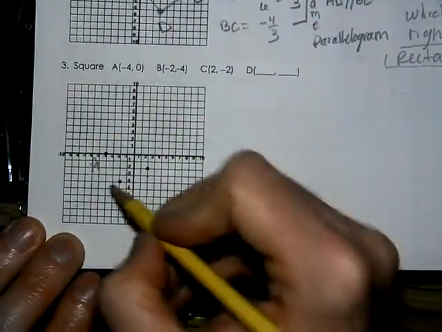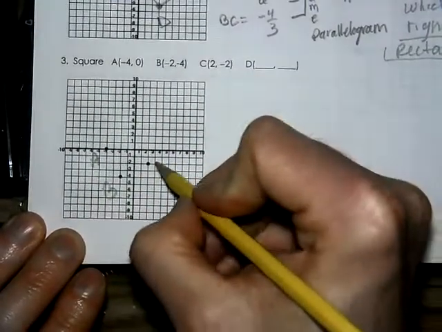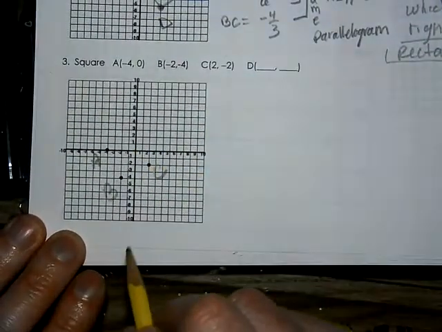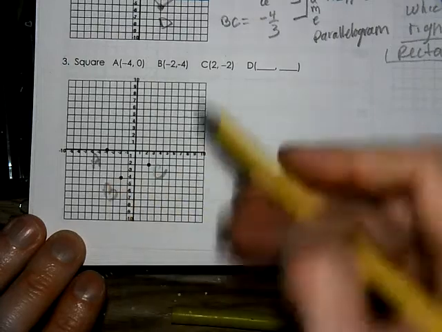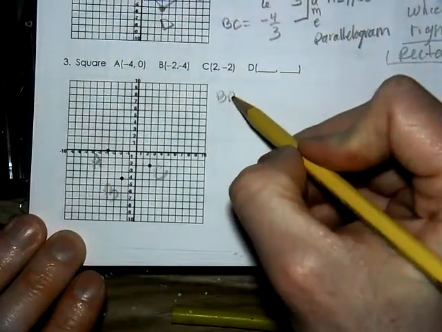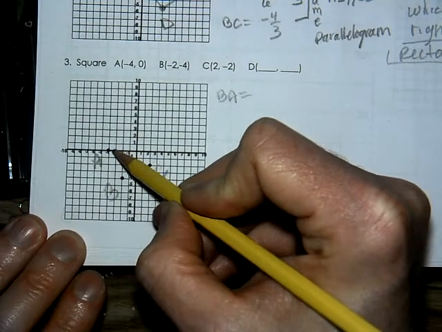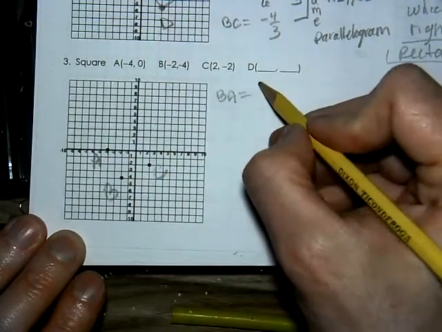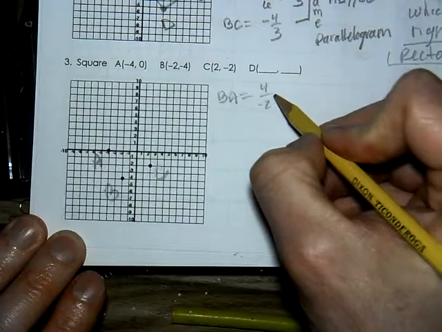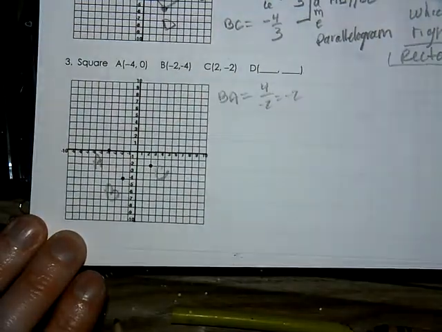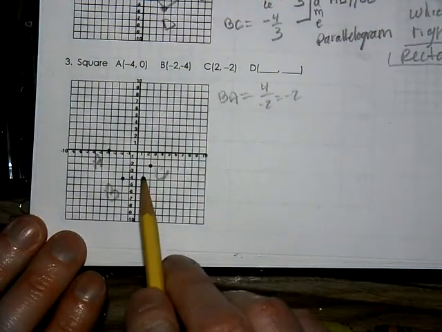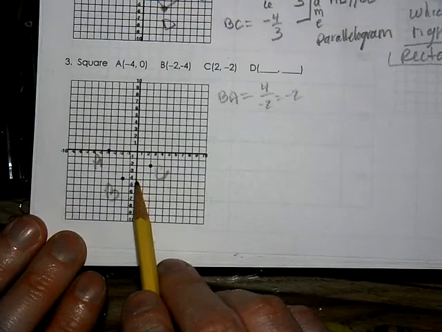Point A, B, C, we're looking for D. Notice that from B to A, up 4, -2. So from point C, I'm going to do the same slope.